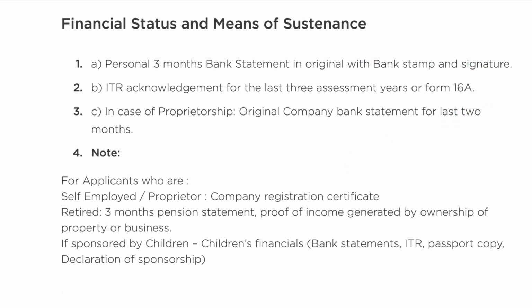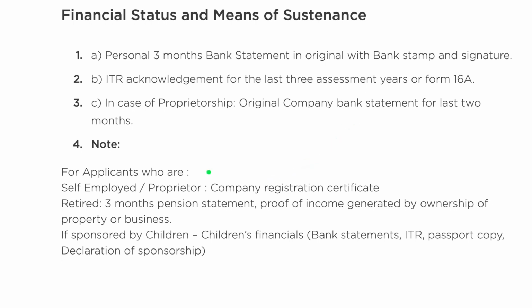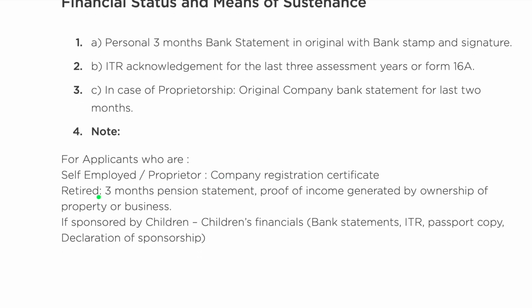And if you are the owner of your own business, you could submit your company bank statements for the last 2 months, and your company registration certificate, etc. And if you are a retired person, then you could submit 3 months of pension statements or proof of income generated by ownership of property or business.